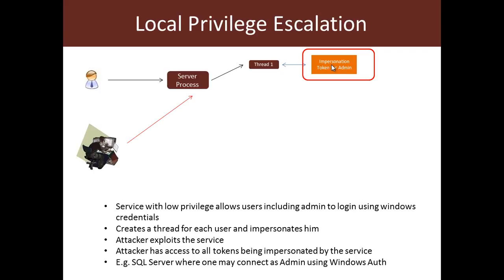A typical example would be a SQL server where one may connect as admin using Windows Auth, even though the SQL server itself might run as a low privilege user. But when an attacker subverts the SQL server, then the admin's token might still be available in memory, right? And which the attacker can use and assume the identity of the admin. So this is the local privilege escalation attack using impersonation tokens.